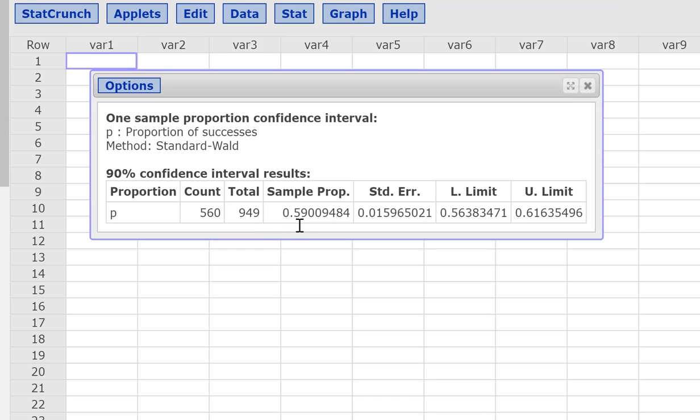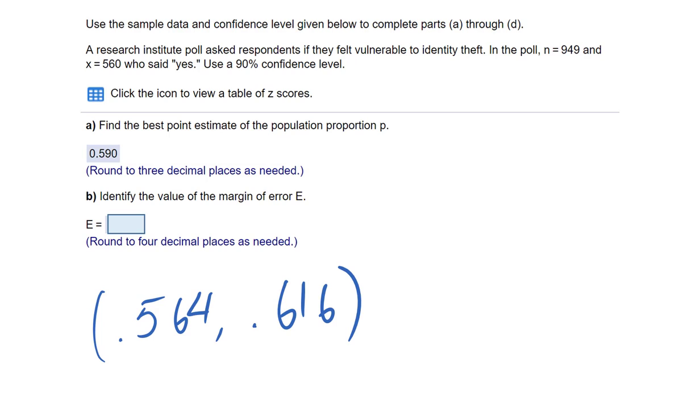Okay, and we notice we get the p hat here, 0.590, which we already did. Standard error. And here's our lower limit, 0.564, and the upper limit, 0.616. So let's write that down. That is my interval.